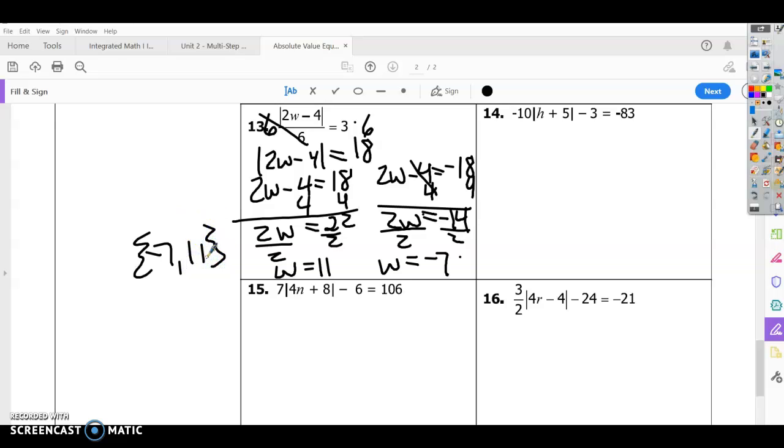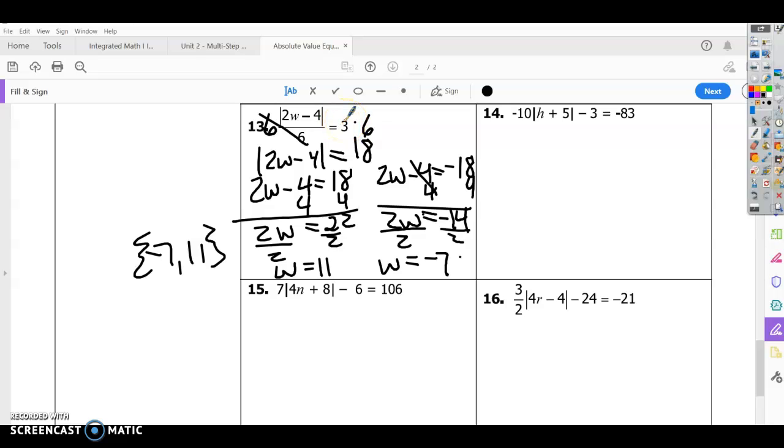And again, go ahead and double check those if you need to. Plug it back in. Make sure it works. It's quick and easy to check. Take 11, plug it back into your original equation. 2 times 11 is 22. 22 minus 4 is 18. 18 divided by 6 is 3.